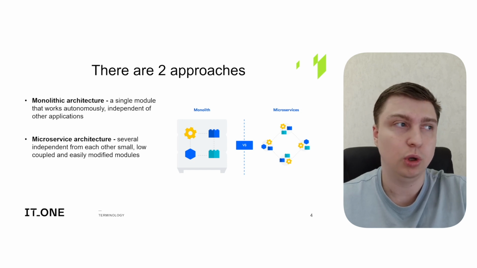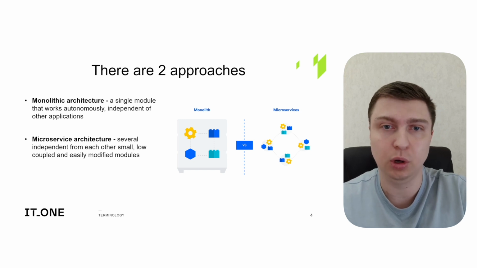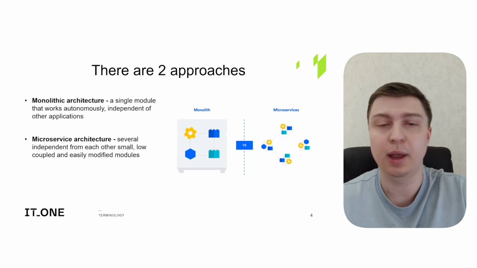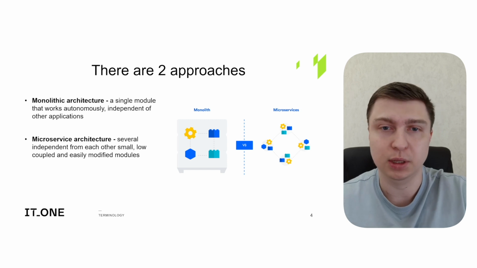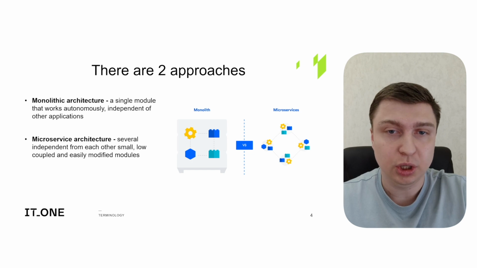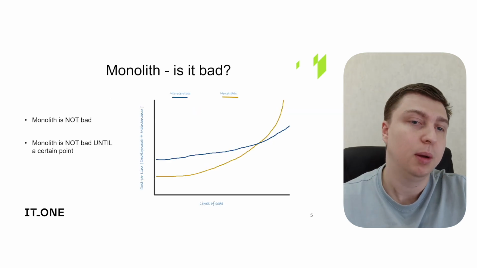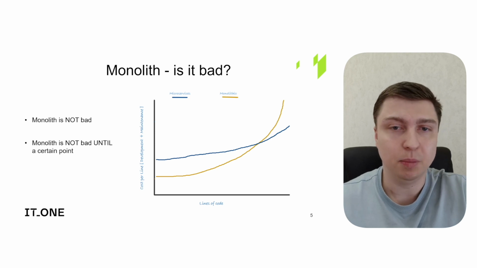So you can deploy independently, for example, only the header. And when you develop, for example, the footer, you may not know about the header and to-do list. So one of the main questions of today's talk is about monolith. Is it bad or not?